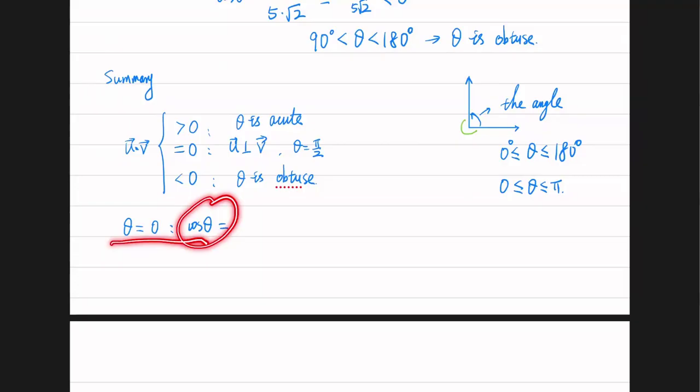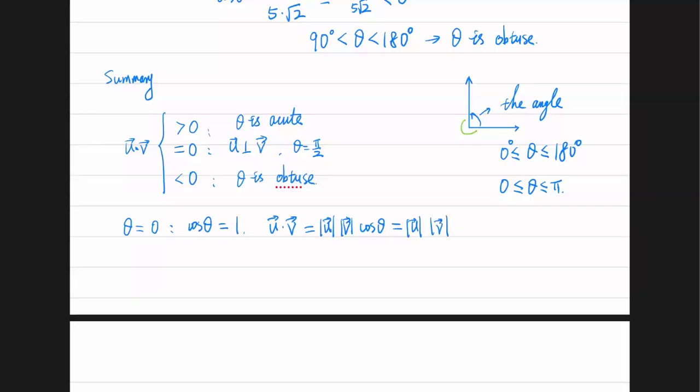Theta is 0, cosine 0 is 1. Okay, nice. If this is 1, we can see the dot product of the two vectors u, v is the norms times cosine theta. But cosine theta is 1. In this very special case, the dot product is the product of the two norms.